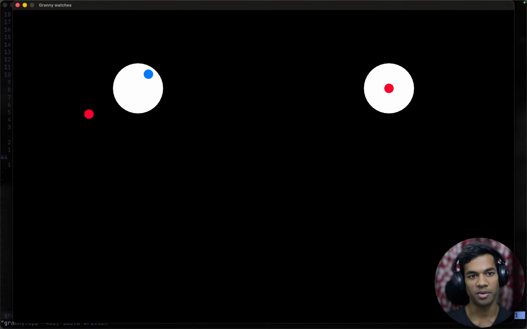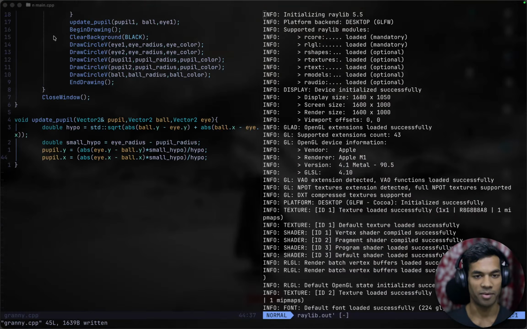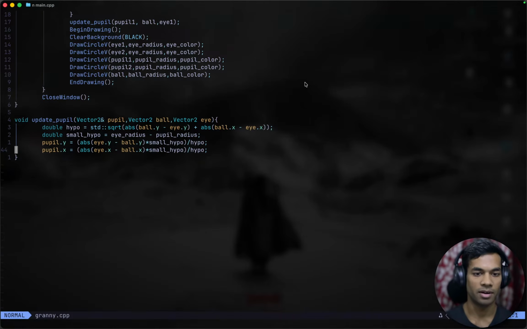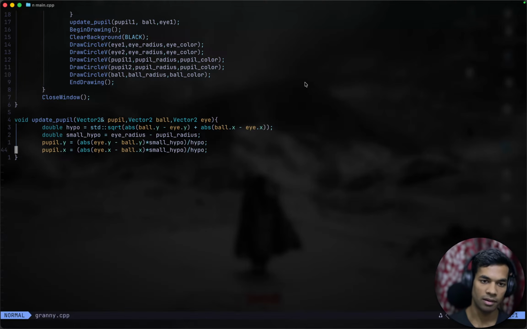Okay, why is this red ball bouncing off? Okay. So we know the pupil's location, which we are updating, or at least trying to update.